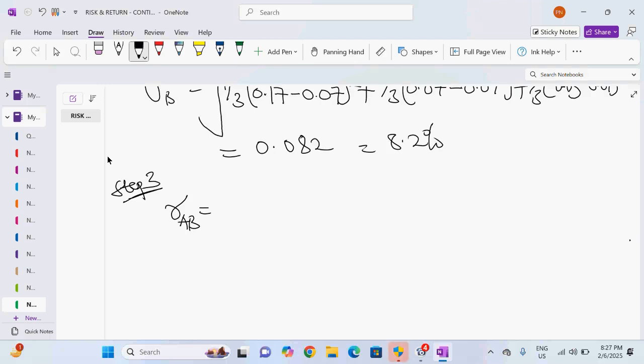Covariance of A and B, over the standard deviation of A and the standard deviation of B. That's it.